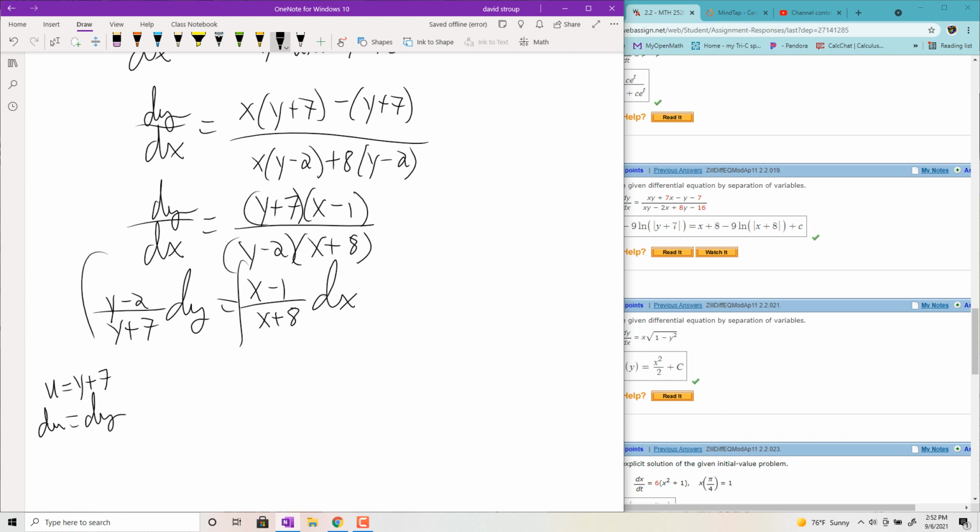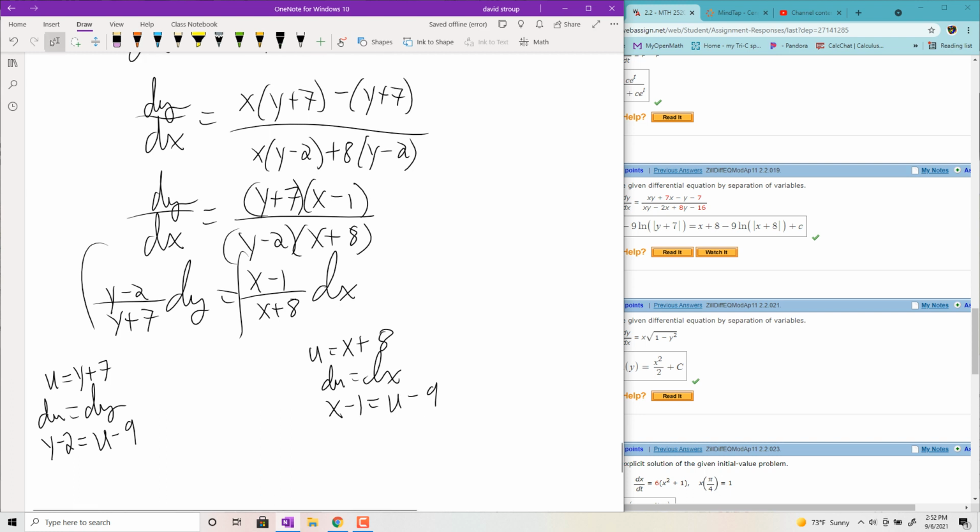And then y minus 2 is equal to, what, u minus 9? Right, so if I subtract the 7 over and then subtract 2 from both sides. And then on the other side, I'll let u equal x plus 8. So du is just dx. And then x minus 1 equals u minus 9 again.